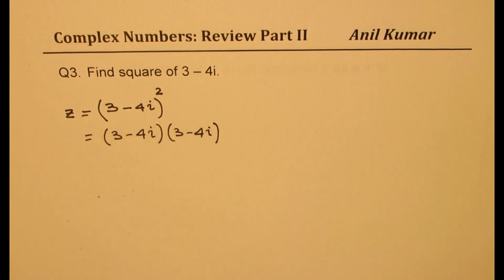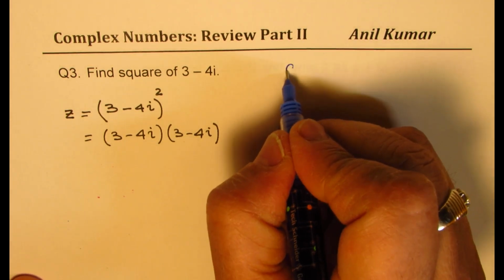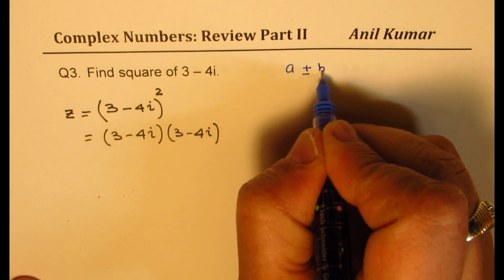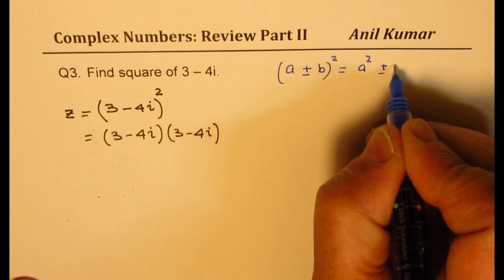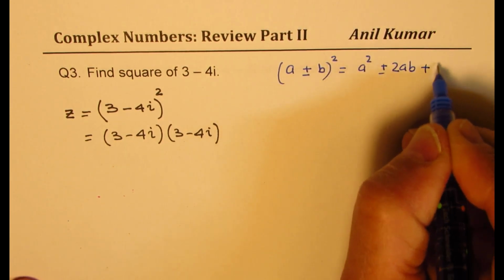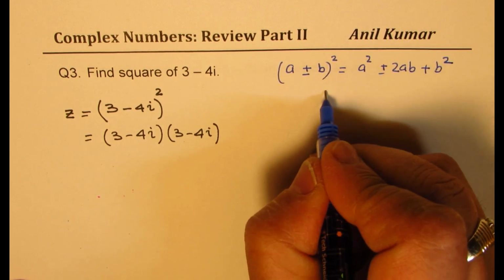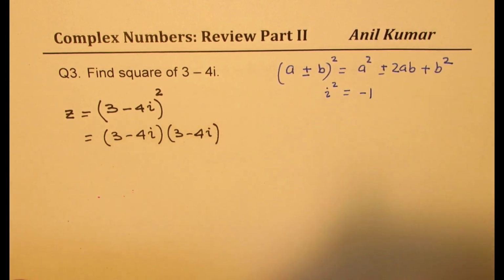You could also use the formula a plus or minus b whole square, which can be written as a squared plus or minus 2ab plus b squared. And remember, i squared is equal to minus 1, correct?